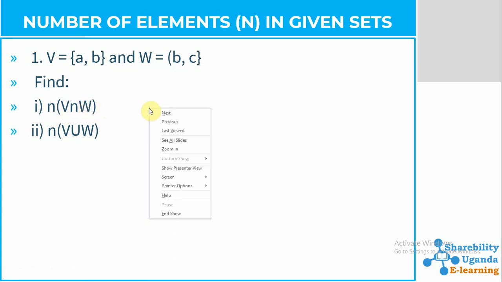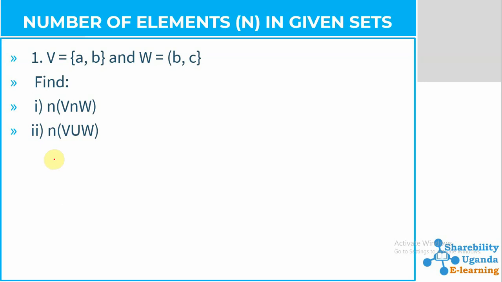Okay, let's get started. Let me get a pen here. First of all, for us to be able to find the number of elements of V intersection W, we should know the elements in these sets.